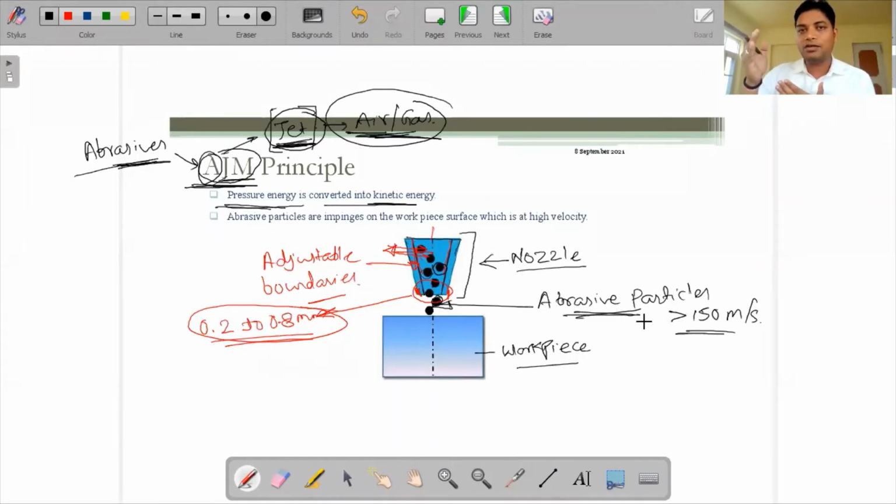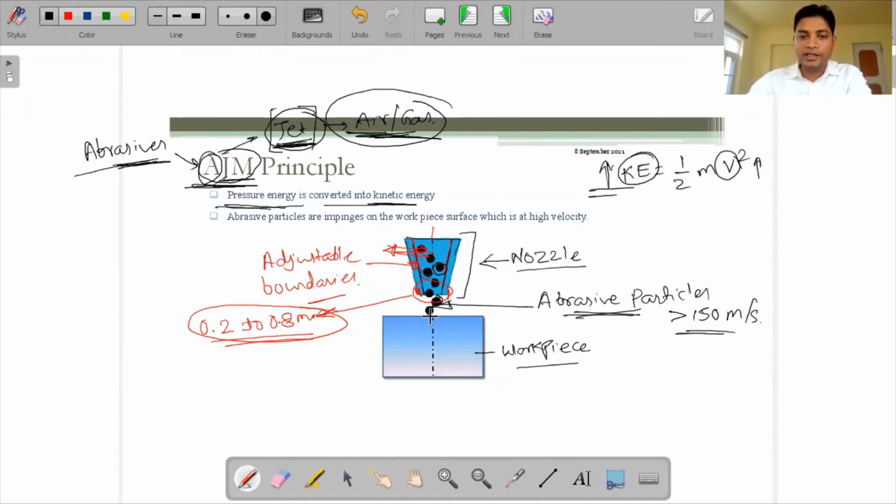When the abrasive particle is mixed with this jet, the abrasive particle will also get a high velocity. When the velocity is very high, the kinetic energy, which is half mv squared, will be very high.